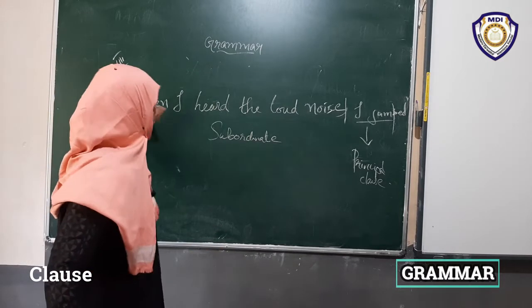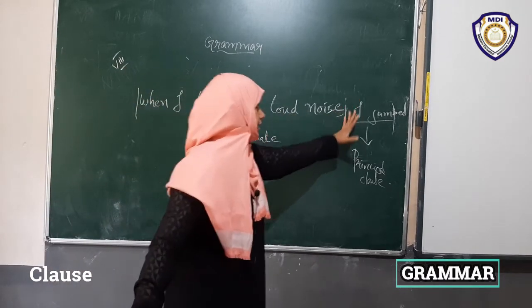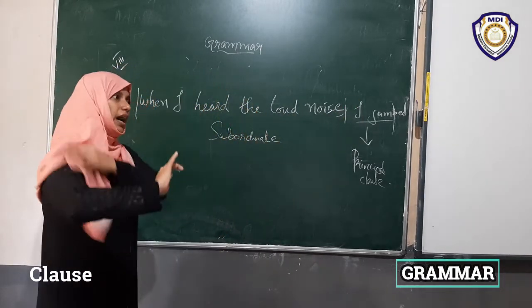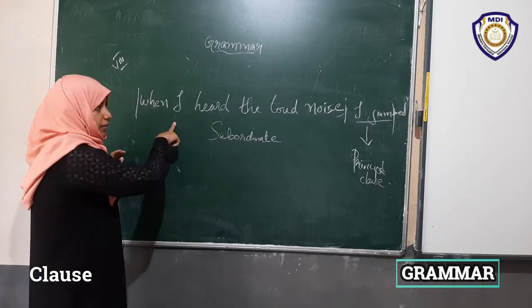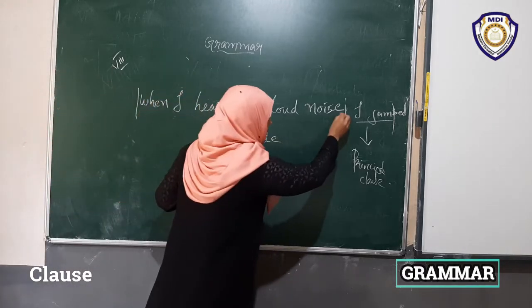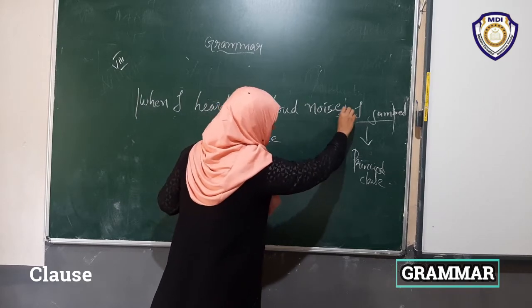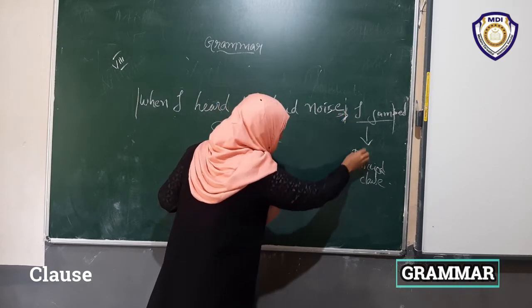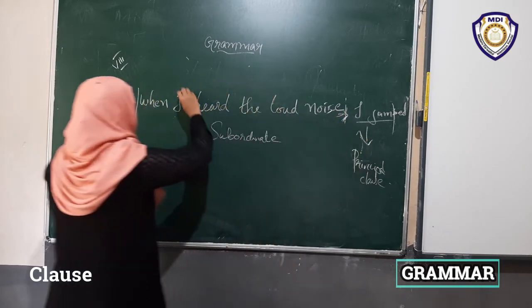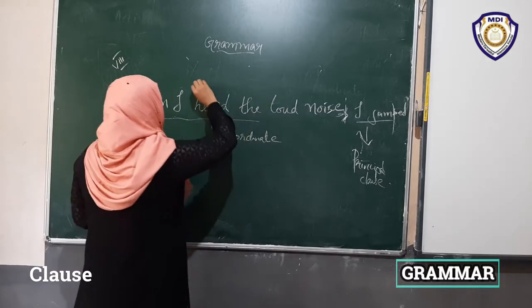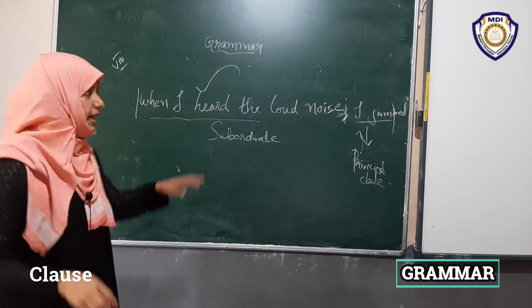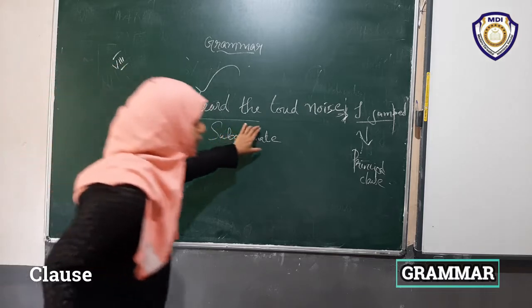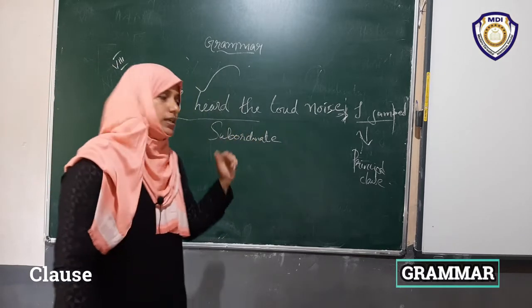If it stands alone, we couldn't get anything. Our idea, our meaning is not complete. When we join this sentence with the principal clause, we get the meaning completely. Understood all of you? That is the relationship of subordinate and principal clause.